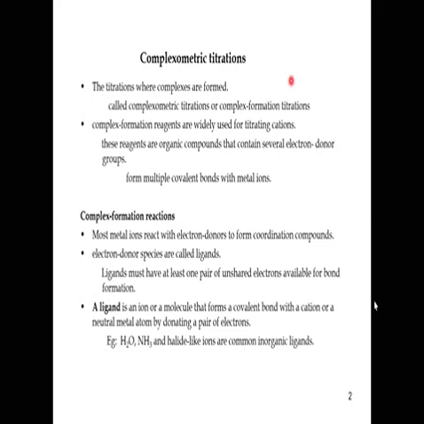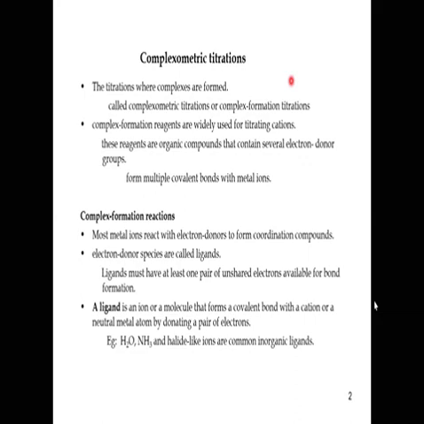so what is happening there? The reaction is happening, and we get a complex, right? So these methods are called complexometric titrations or complex formation titrations, right? You can call them either complexometric titration or complex formation titration.